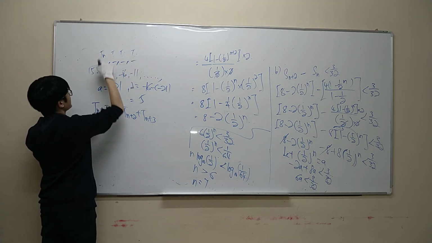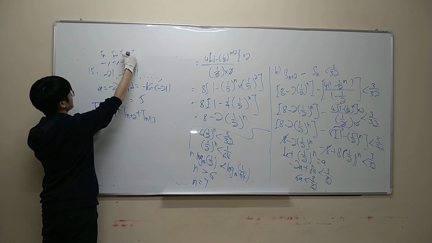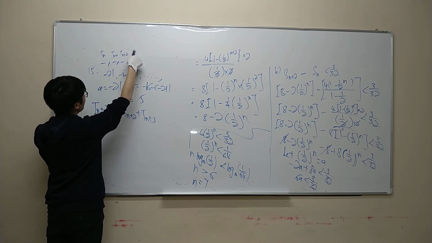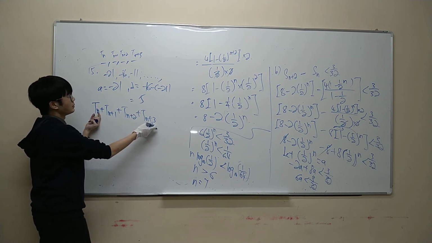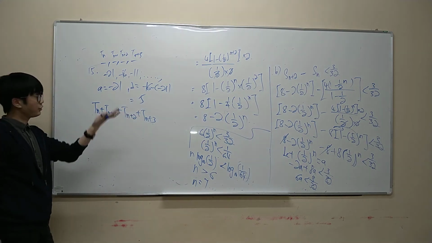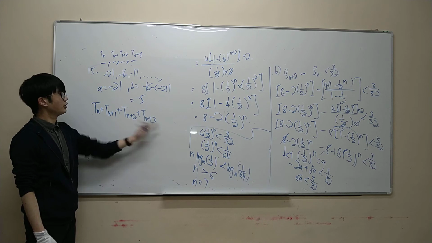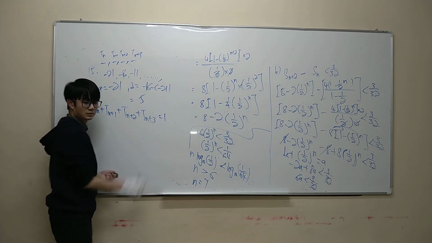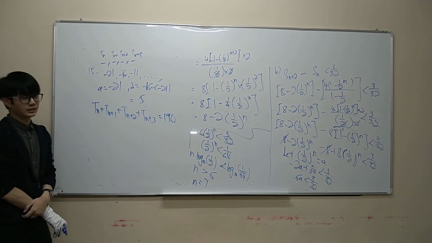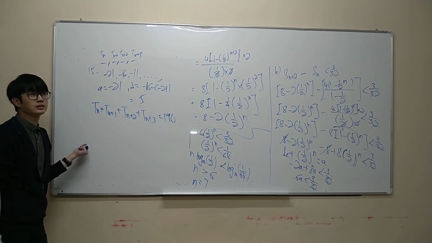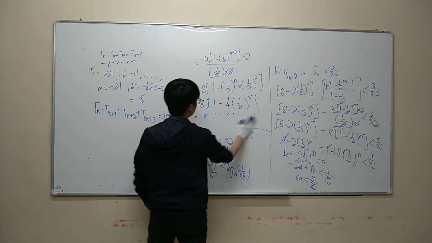But we know it can be Tn, here will be Tn plus 1, then Tn plus 1 plus 1, then Tn plus 2, then Tn plus 1 plus 1 plus 1, Tn plus 3. Okay, why I stop here? Because they say 4 terms only. 1, 2, 3, 4 terms equals to how much? 190. Alright? Like this. Actually, this is a slow method. Okay? This is a slower method.